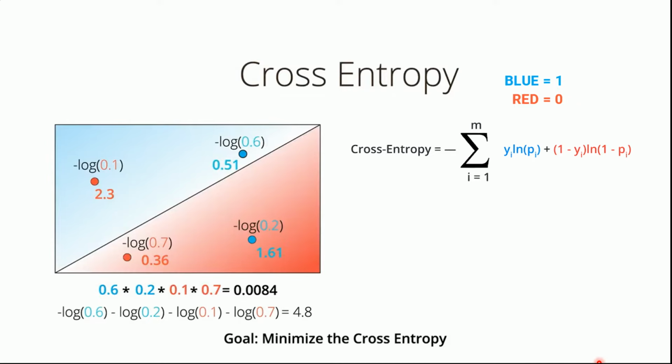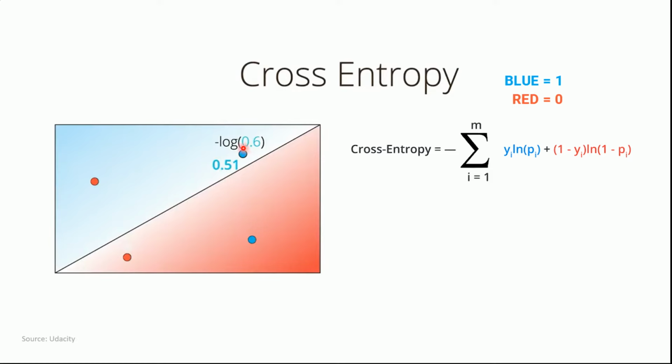Okay, let's take this point for example. And we know that this point is blue because it has a y of 1. Okay, so we know that we have an accepted student in the accepted area, right? So how this works? Let's look at it.